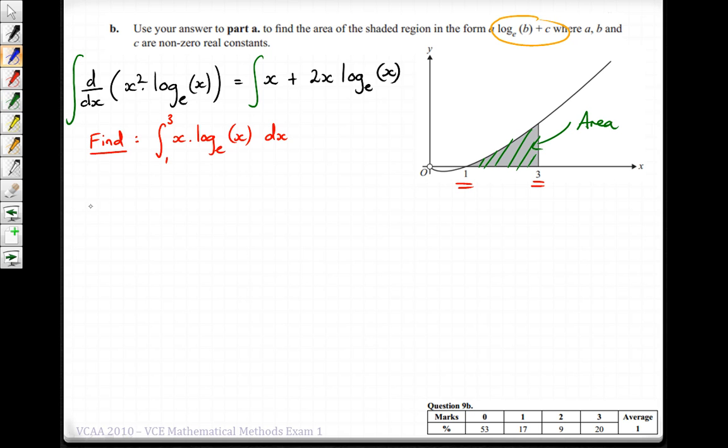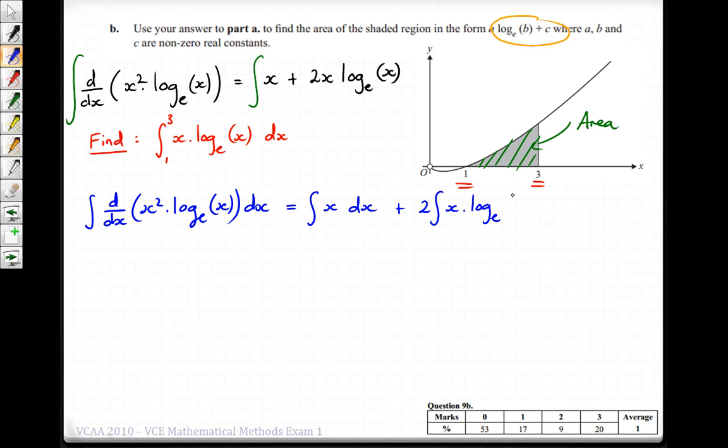So next up, we're taking the integral of d dx x squared log e of x dx, and that's still the integral there, plus 2 by the integral of x log e of x dx.